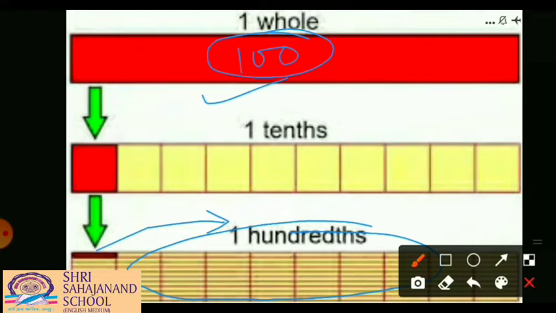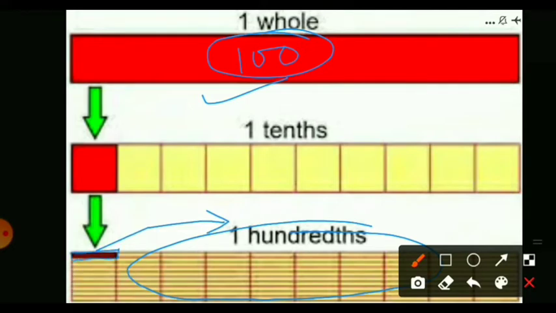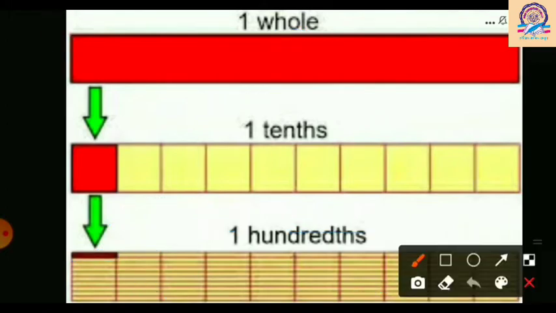You can see one box is colored red here. So this part is the 1/100th part, and in fraction we write it as 1/100. Clear?